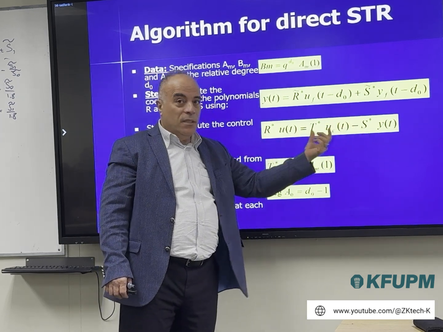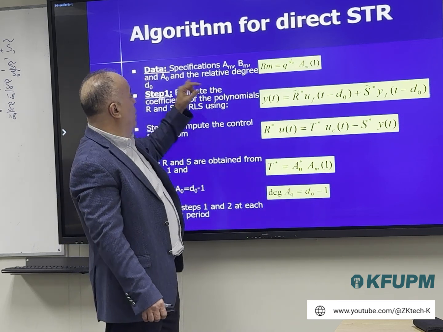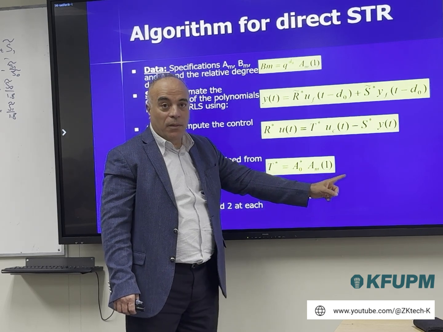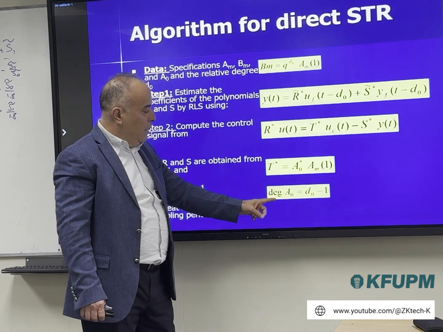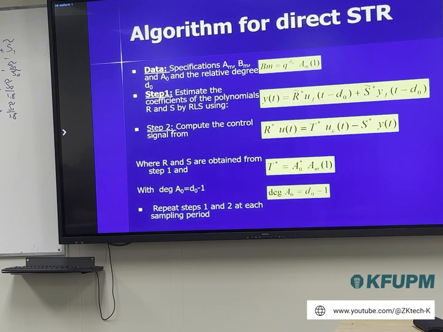This is our controller. The value of T we find based on A0, our selection here, multiplied by Am1, which is the value that we have from our system. And like this, we have all our algorithm done, and then we repeat the step for every iteration that we have. Everybody is okay with this?